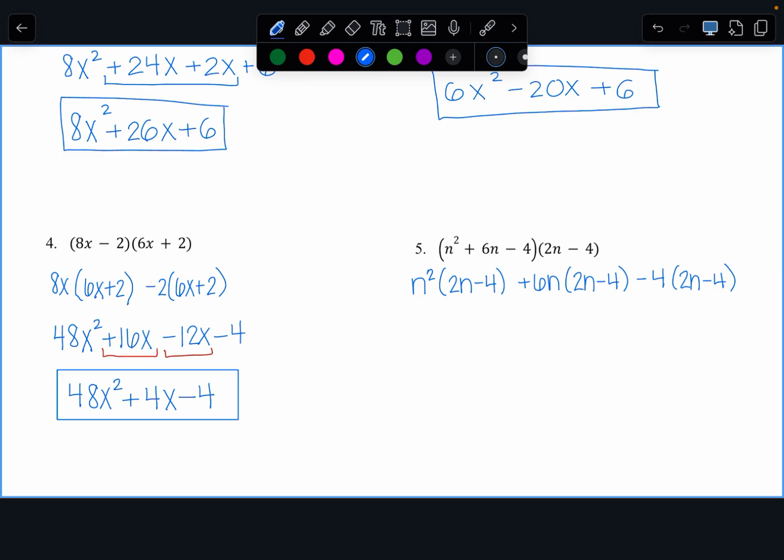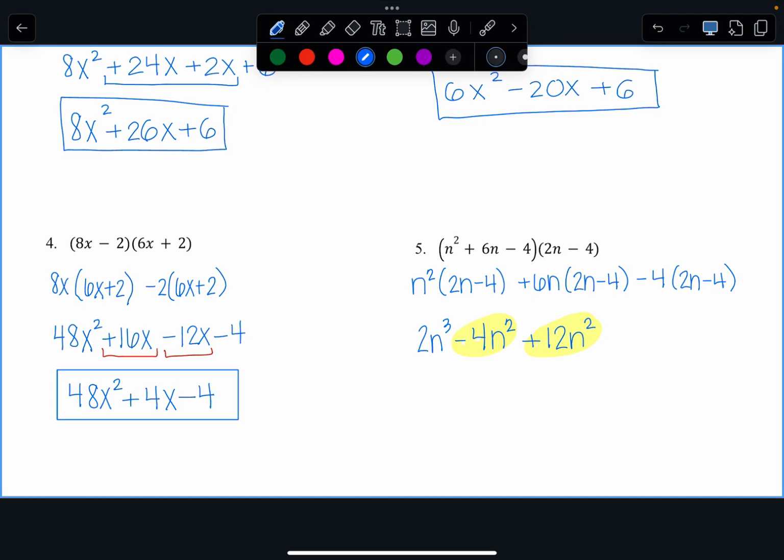So n squared times 2n is 2n to the third. N squared times a negative 4 is a negative 4n squared. 6n times 2n is a positive 12n to the second. And I'm going to go ahead and highlight as I go. You can see that these 2 pieces both have an n to the second.